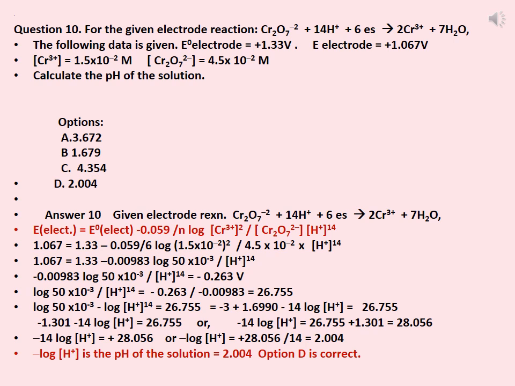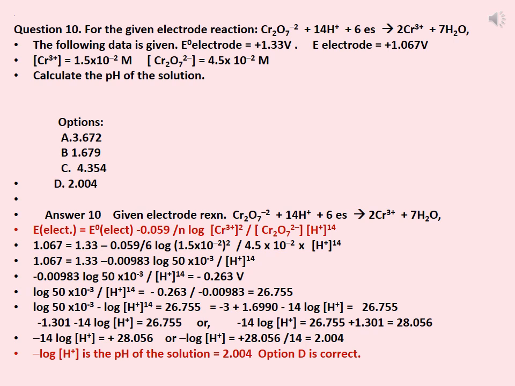E electrode is equal to E naught electrode, 1.33, minus 0.059 by 6, n is equal to 6 here, log of (1.5 into 10 power minus 2) the whole square, that is the molar concentration of Cr3 plus, divided by the molar concentration of dichromate, which is 4.5 into 10 power minus 2, into the molar concentration of H plus ions raised to the power 14.